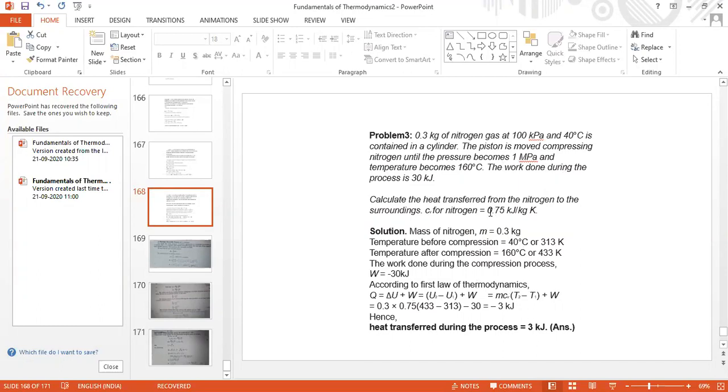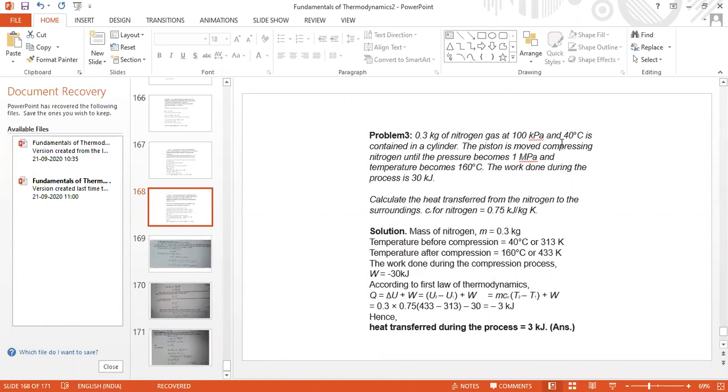Cv for nitrogen 0.75. So m into 0.75 and T2 minus T1 is substituted, and the work done 30 is substituted here.